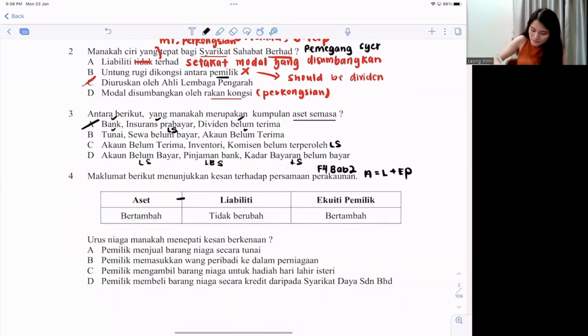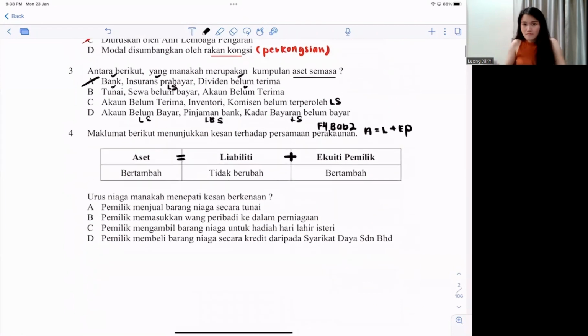So it must be something like this. Do not involve anything that's liability, only the equity pemilik and asset. The only thing I can think of is the pemilik bringing in items. Membawa masuk perabot, membawa masuk alatan pejabat, anything the pemilik brought in by themselves.